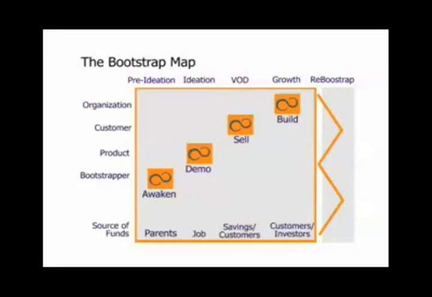The second line is about the bootstrapper, the founding team, and what is going on with their journey. And what you'll notice is each of these lines progresses and continues to progress as the venture goes on. But the good news is that you don't have to actually worry about all the different pieces all at the same time. So the third line is the product line.